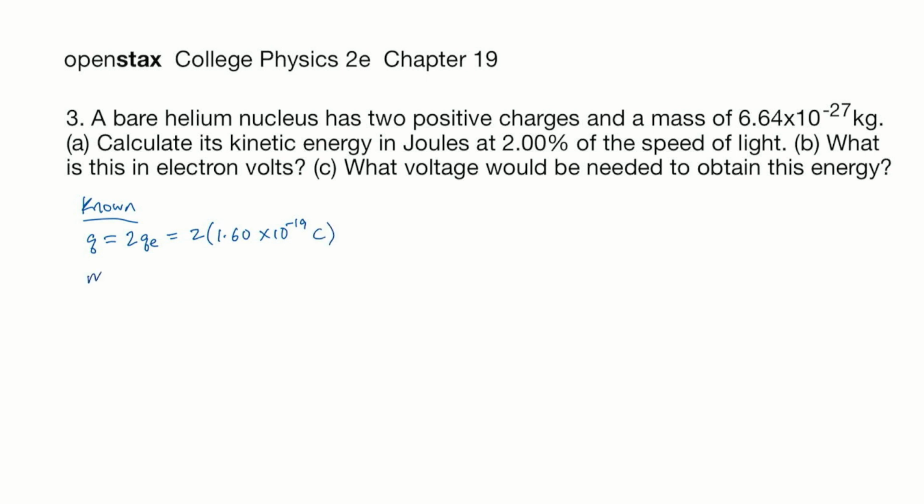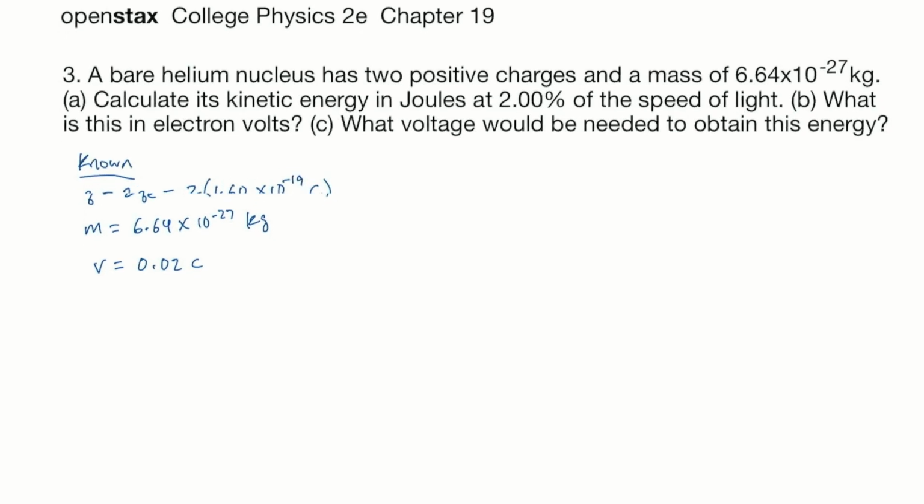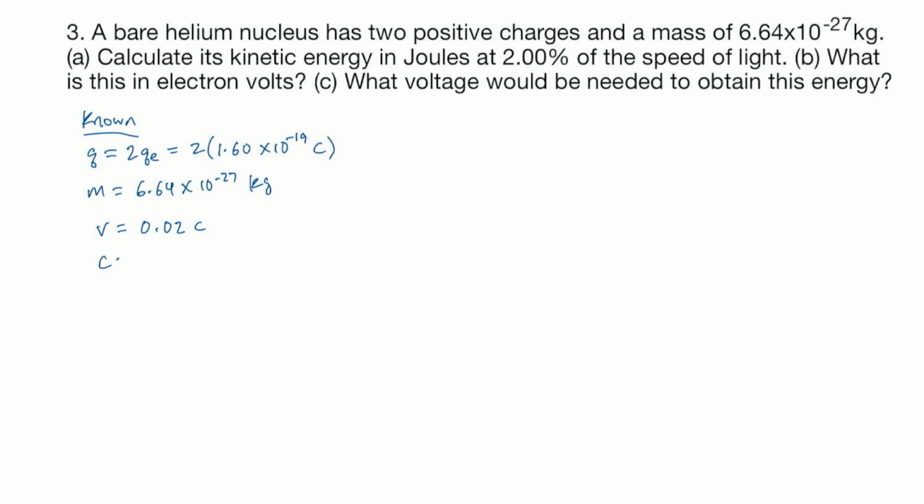We know the mass is 6.64 times 10 to the minus 27 kilograms. We know the speed is at 2% of the speed of light. So we'll put the 2% in decimal form for 0.02 times c. And then we know c, the speed of light, is 3 times 10 to the 8 meters per second.